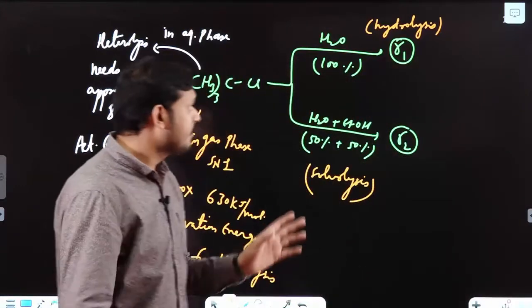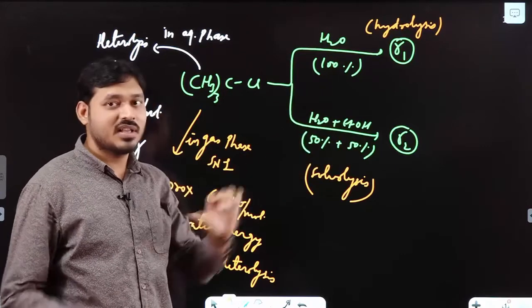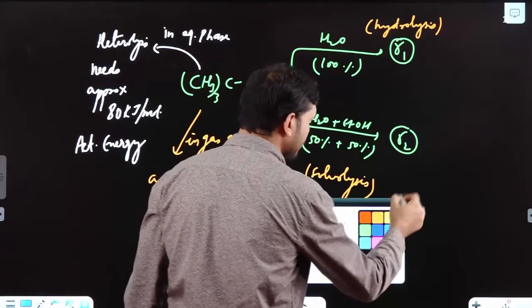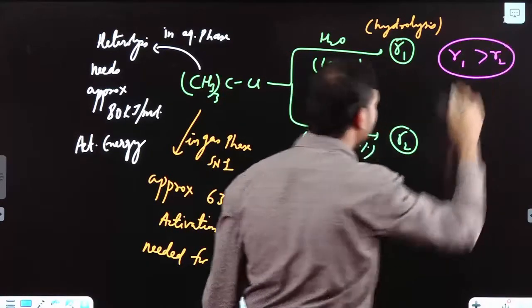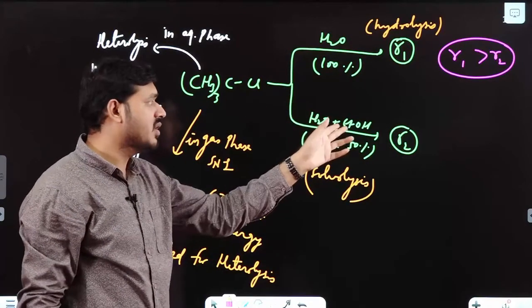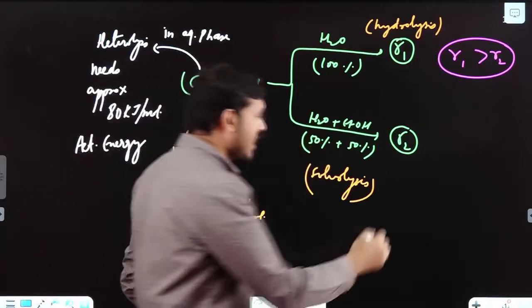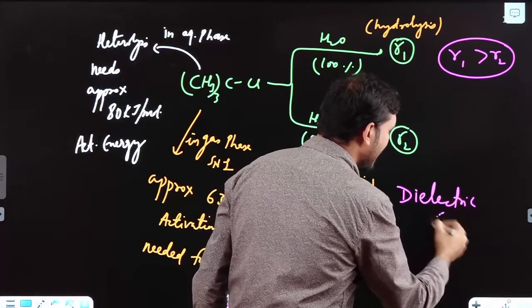Now what will happen? If there is pure solvent water, and if there is ethanol plus water, the rate will vary. The rate R1 will be greater than R2. Why? Because the hydrolysis will be much better in case of water as compared to ethanol plus water, or simply ethanol. The reason is dielectric constant.